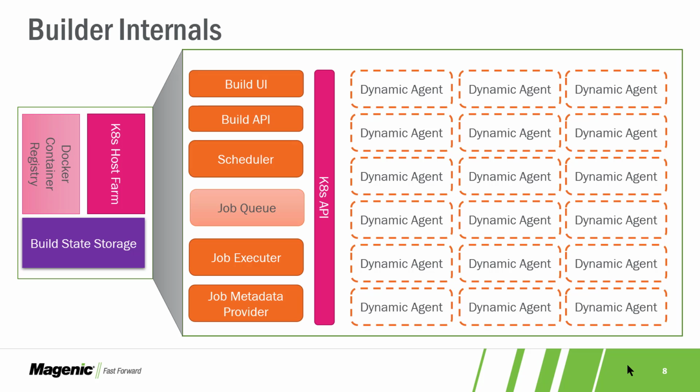So if we take a look at the builder internals, that is the things in the rightmost box, what we're seeing is that there's a common pattern here. We have a UI, a website typically, that we use to interact with the system and configure it.